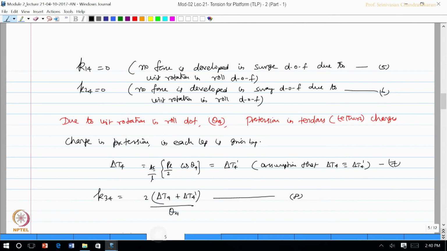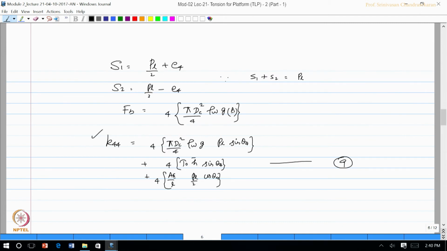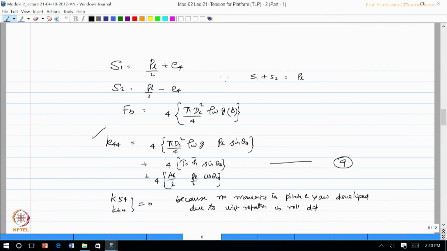So, now I have K 14, K 24, K 34, K 44, and K 54 and K 64 will be 0, because no moments in pitch and yaw are developed due to unit rotation in roll degree of freedom.